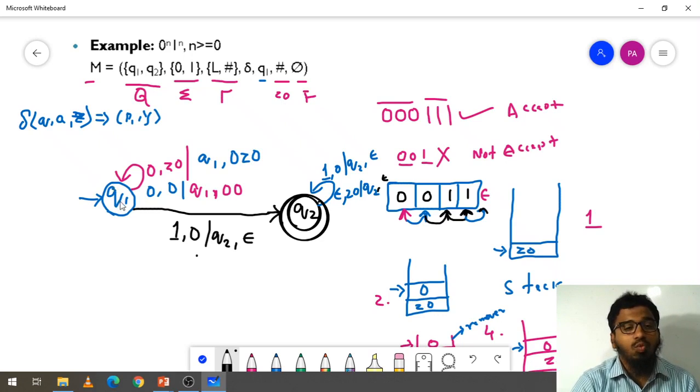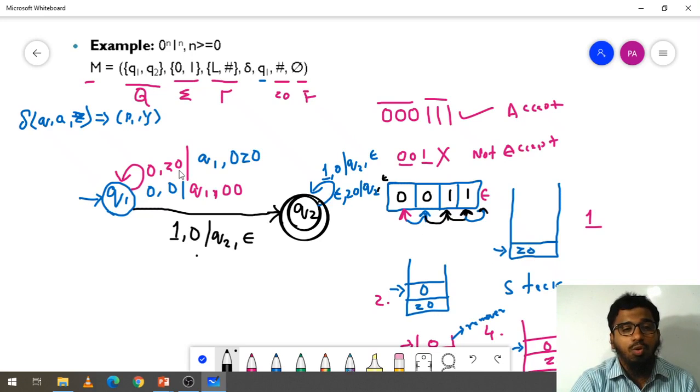So here in the first one, Q1 on 0, we have taken the string, and first our stack will be like this. Next, Q1 on this 0, and what is available in the stack? The top of the stack is Z0.